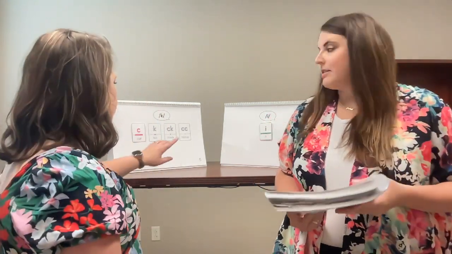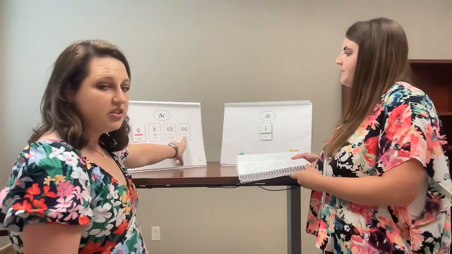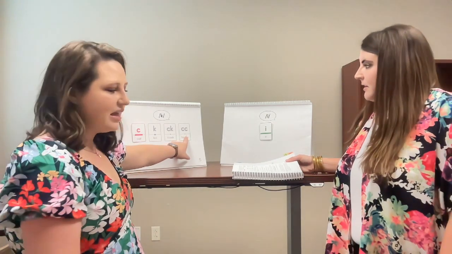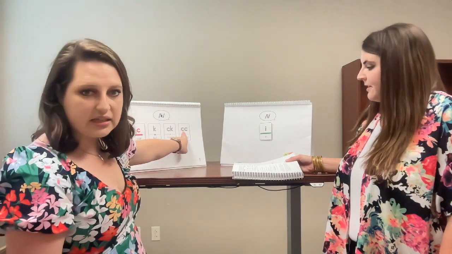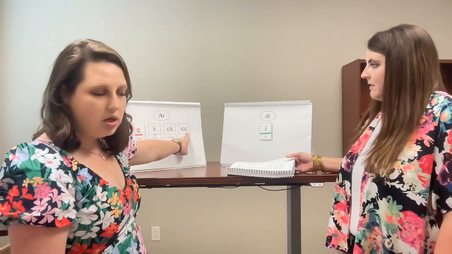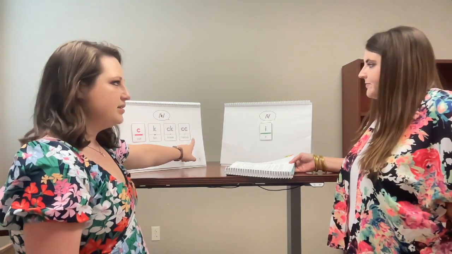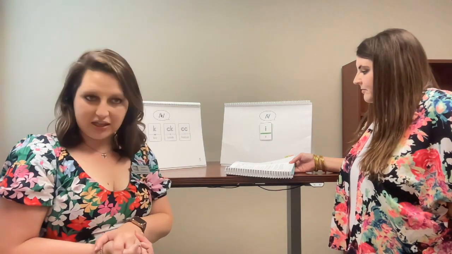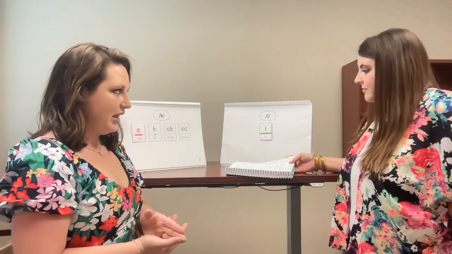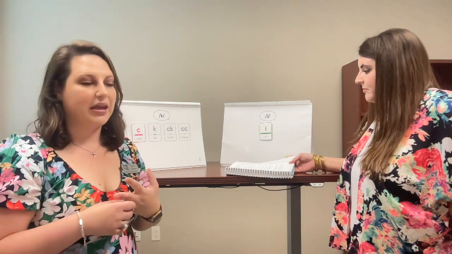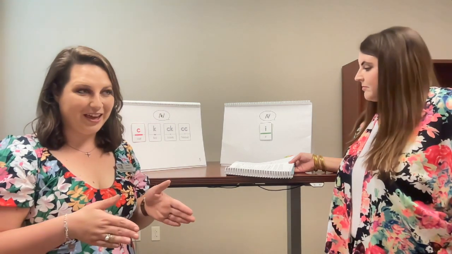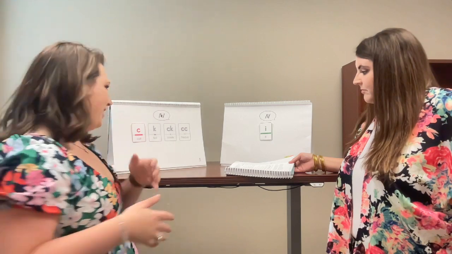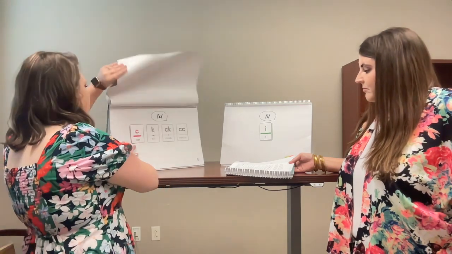So for thinking about C again, they do introduce it in Lesson 1, but in Lesson 12, they are introducing the C, C together. So it would be like C, C, hiccup, K. But they would not be introducing the single P by itself. They will be introducing the single P with the double P in Lesson 12.